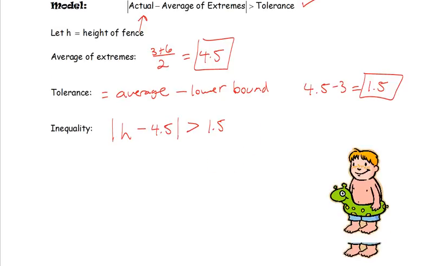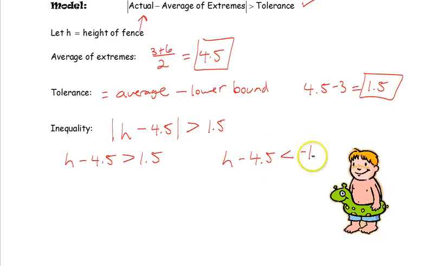So I wrote my model just to double check that this is the correct model. I'm going to solve it. I have h minus 4.5 greater than 1.5, or h minus 4.5 less than negative 1.5. And if I solve this, we get h is greater than 6 or h is less than 3.